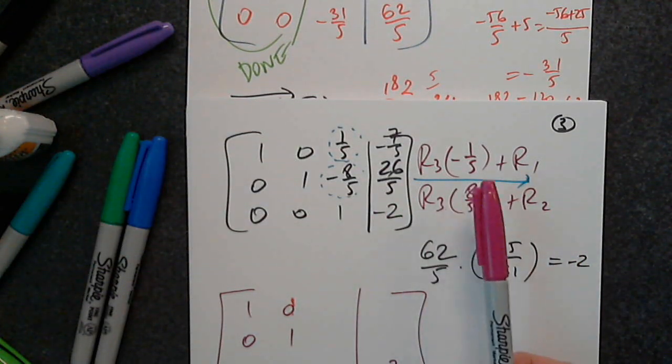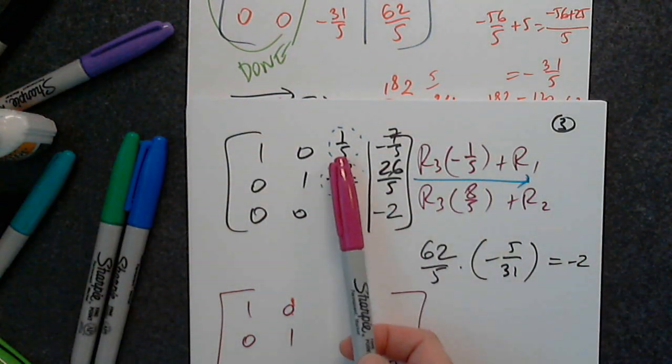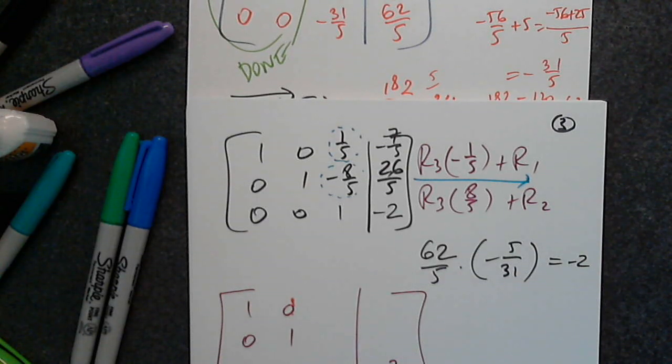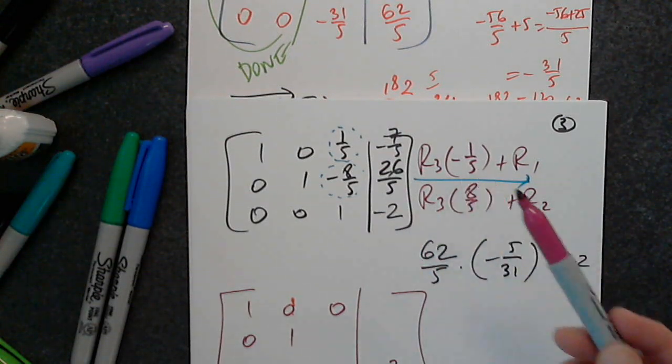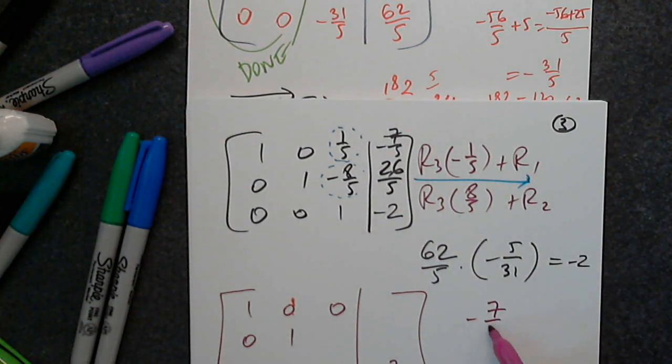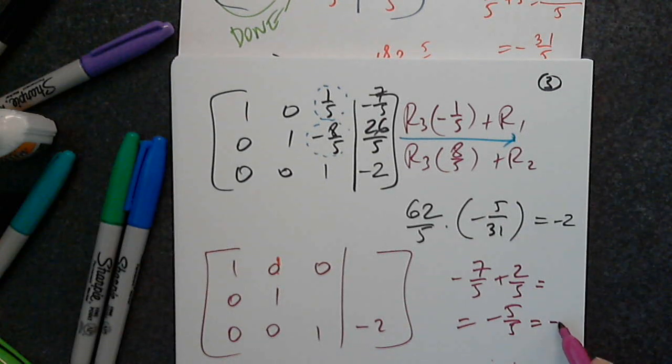1 times negative 1/5 plus 1/5. Answer. Perfect. Negative 2 times negative 1/5 will be 2/5. So negative 7/5 plus 2/5 is negative 5/5, which is negative 1.